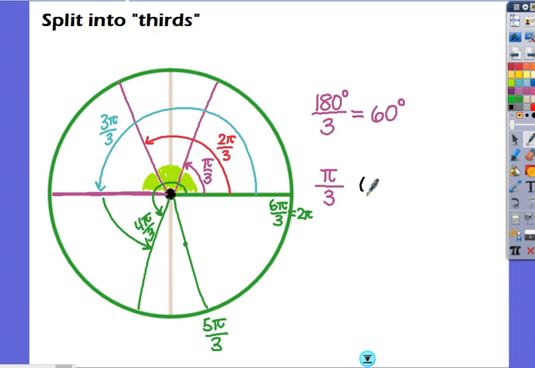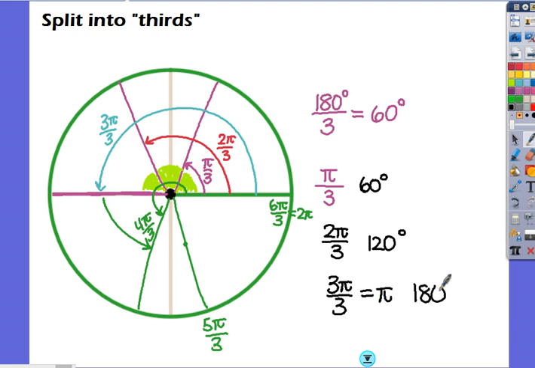So pi over 3, 60 degrees. 2 pi over 3s, 120. 3 pi over 3s, which usually you'll have reduced to pi, is 180 degrees. And you can keep going. We could add another 60 to that, right? Add another 60, add another 60.